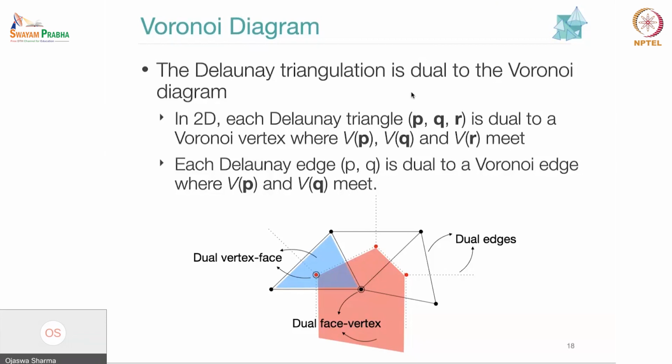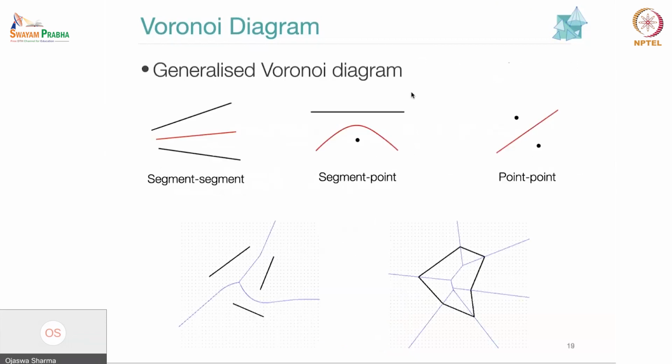I hope I haven't confused you, but if you just remember that primal dual diagram, it should be clear. Does anybody have any question on this primal dual relationship? Okay, then I think we are good to go.